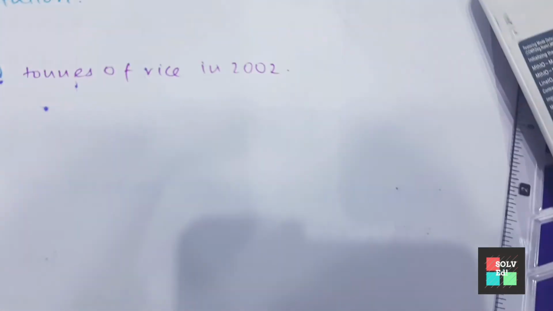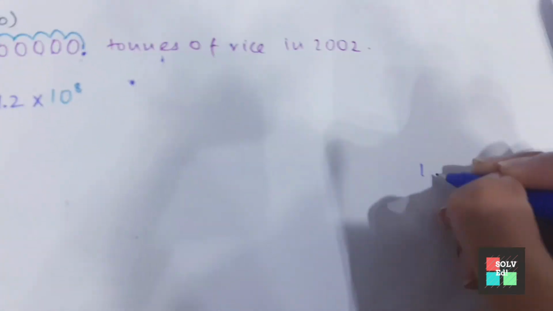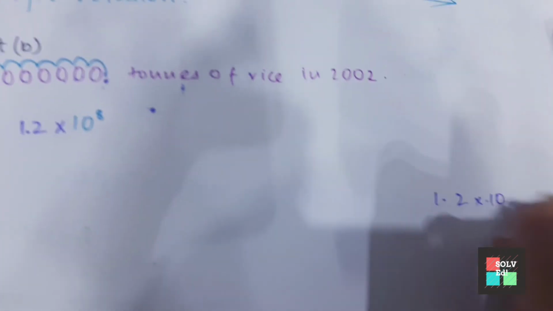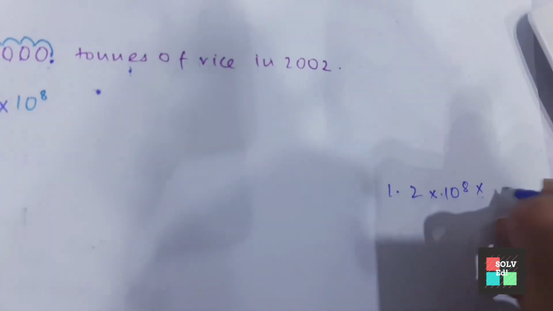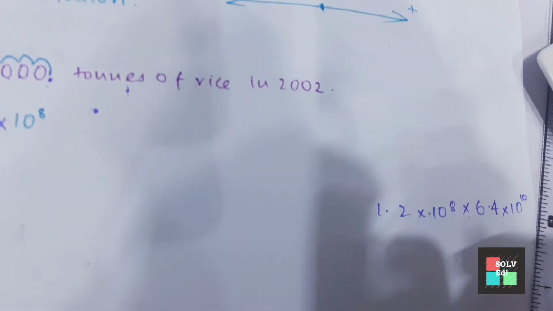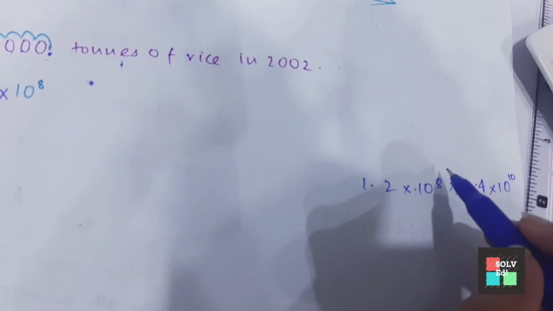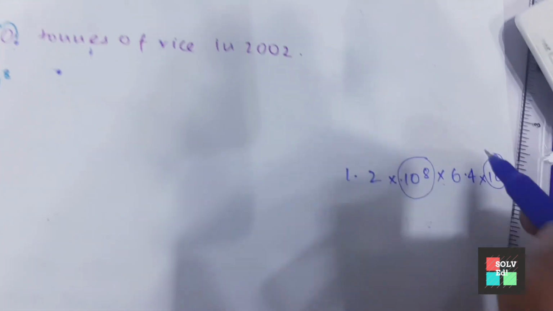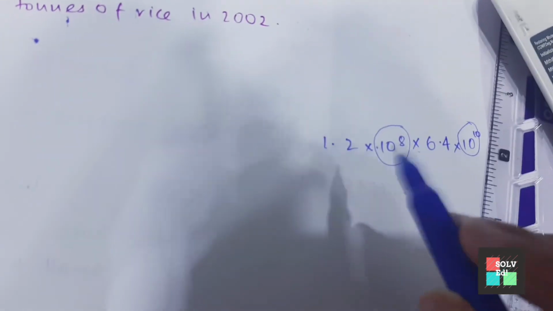Another thing that you might come across is multiplication of 2 standard forms themselves. So if it's 1.2 times 10 to the power of 8 and say 6.4 times 10 to the power of 10, this is going to imply using rules of indices, and that's what I'm going to explain in the next one.